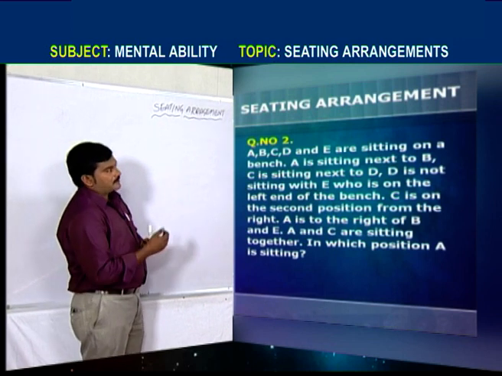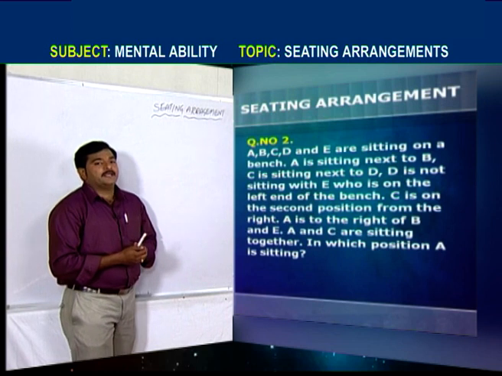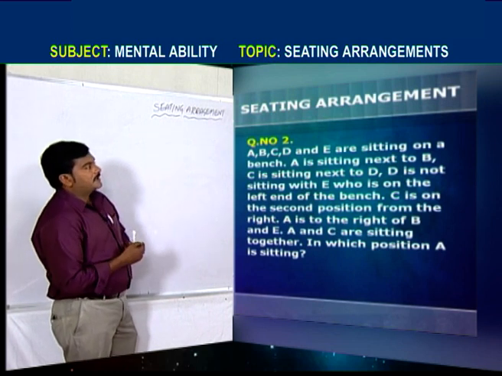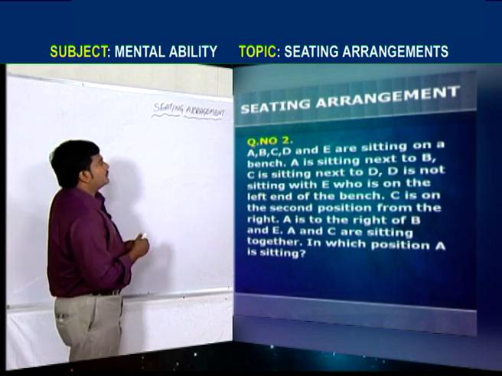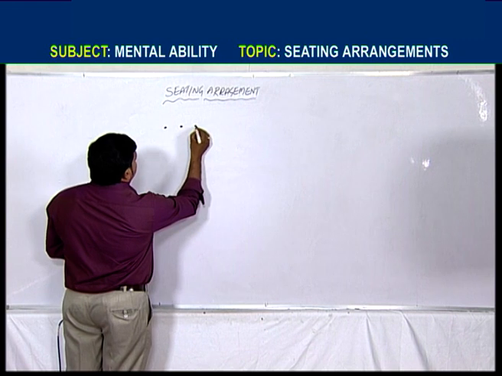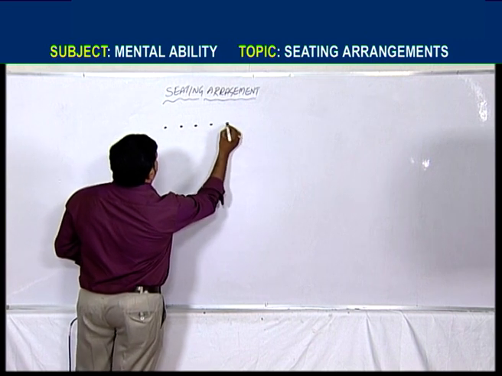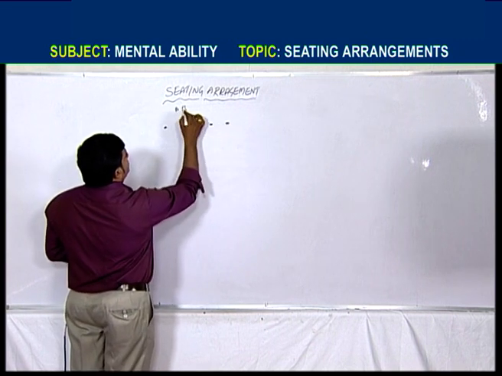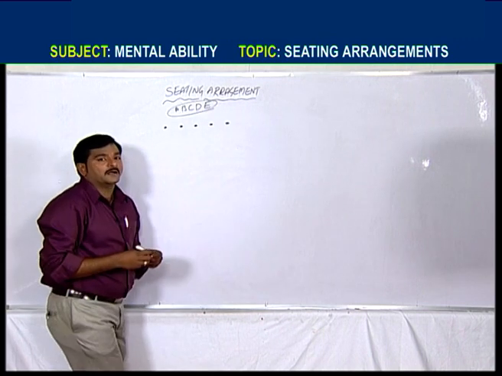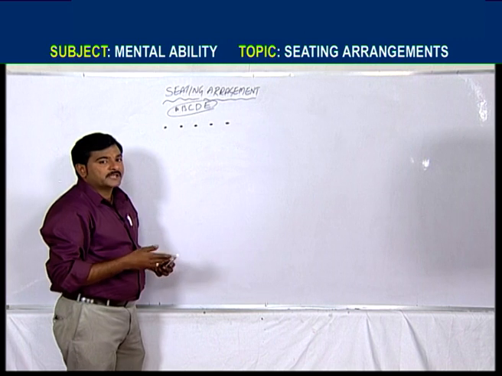So it's clear. Next he mentioned here: A is sitting next to B. See, there are conditions. A is sitting next to B. There are a total of 5 members, 1, 2, 3, 4, 5. There are 5 students, A, B, C, D and E. These A, B, C, D, E are sitting on a bench. How are they sitting?